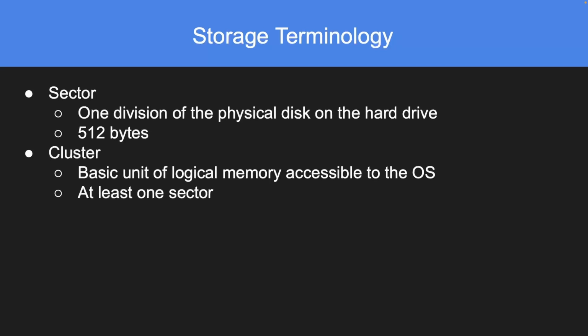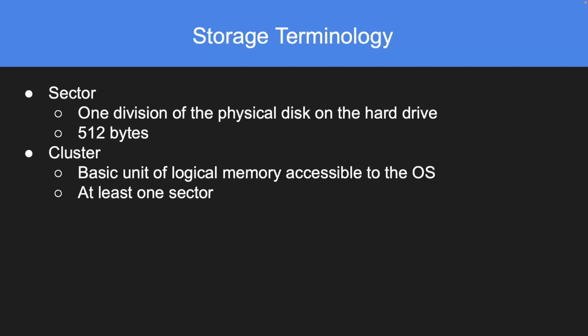When it comes to storage, these are some of the terminologies that we use. We have a sector and a cluster. Sectors are the physical divisions, and clusters are the basic logical divisions of these storage media.